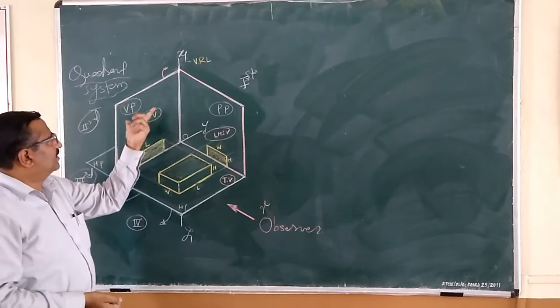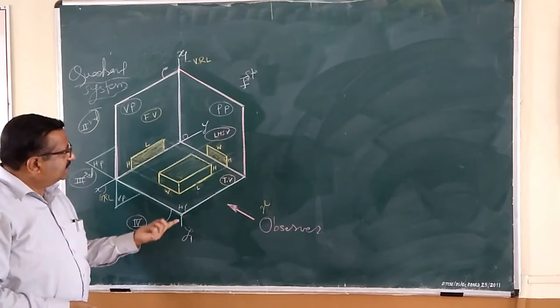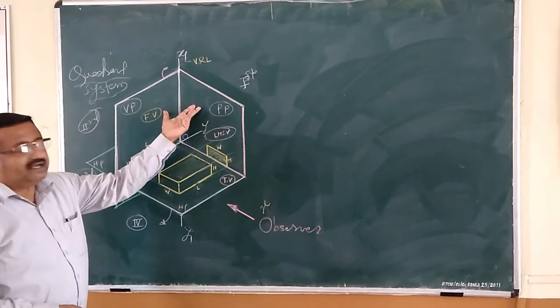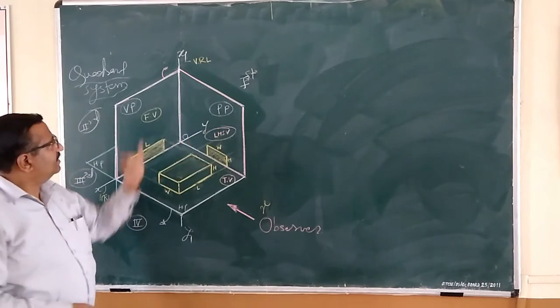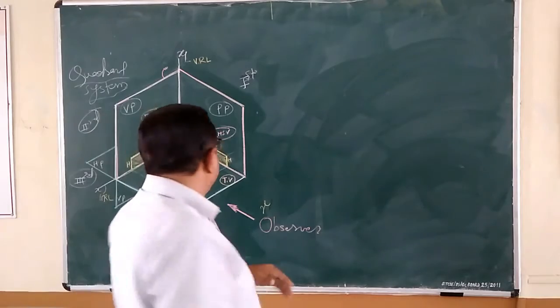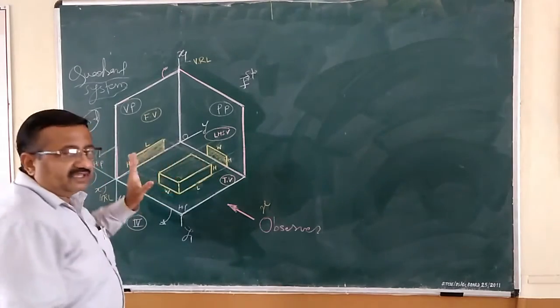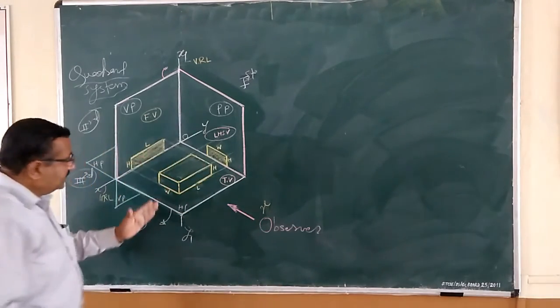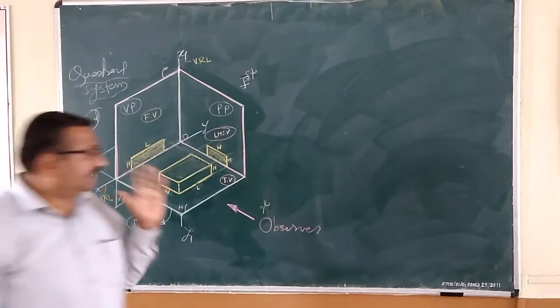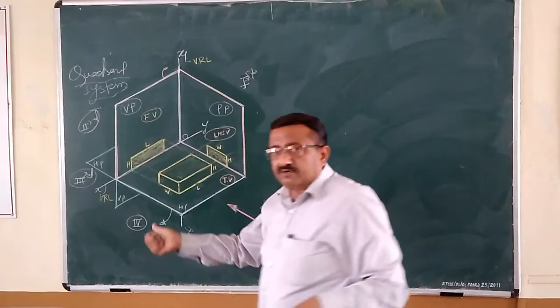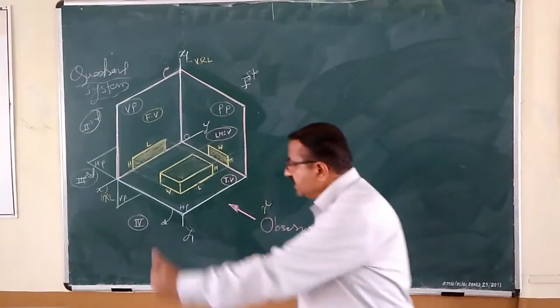So the vertical plane is made for front view, the horizontal plane is made for top view, and the profile plane is made for either left hand side view. In this case left hand side. In the earlier case we got the right hand side view as the object was kept in the same first quadrant, but in that case the observer was observing this object from his left hand.